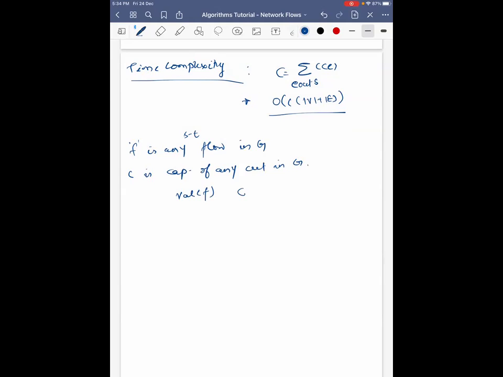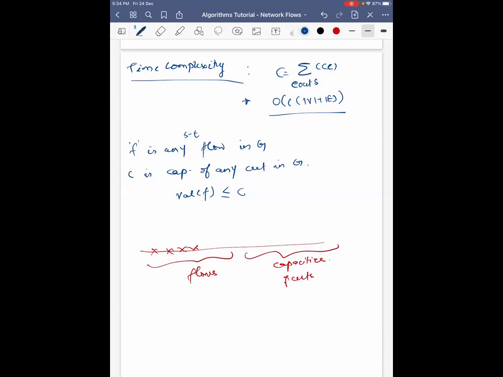That the flow has to be less than or equal to C. Right. So in general, the value of any flow will be at most the capacity of any cut in the graph. If I were to plot the values of possible flows and the capacities of different cuts in the same graph, I would have all the values of the flow over here, and then all possible capacities of cuts.